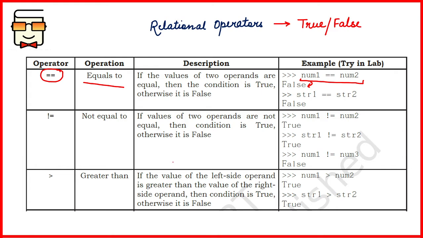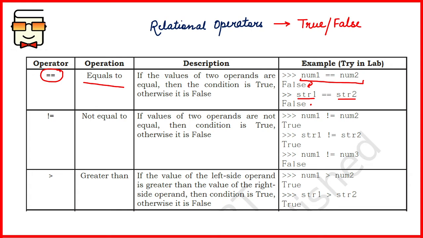Similarly, we can compare two strings. str1 consists of good and str2 consists of the string value afternoon. Since both these values are not the same, they have different characters, that is why the result is false. You must remember that in the case of strings, the comparison is done lexicographically.